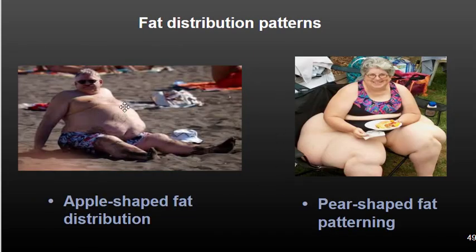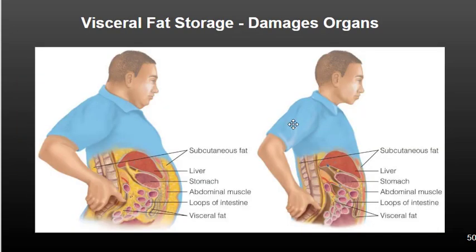This is particularly dangerous, a lot of fat around the internal organs. An example of pear-shaped, so a lot of the fat is being distributed around the legs and the backside, not quite as dangerous. So here's that apple shape with lots of visceral fat surrounding all of those internal organs. So it's going to cause organ damage, fatty liver, and eventually this is going to lead to those chronic diseases like heart disease, stroke, hypertension, diabetes.